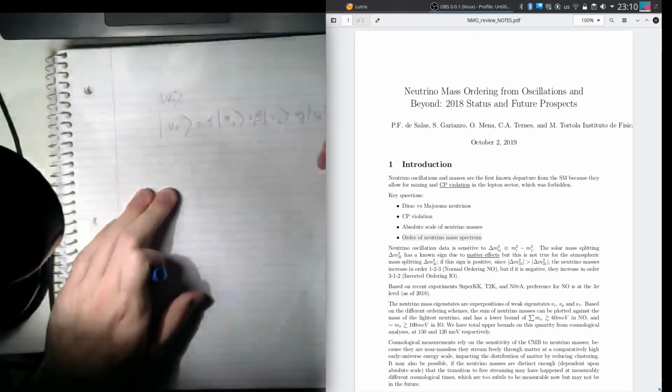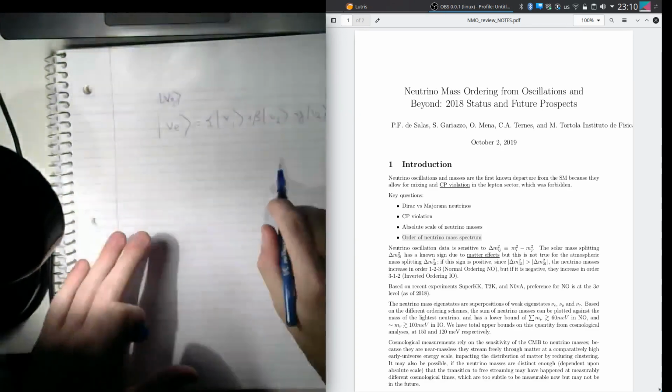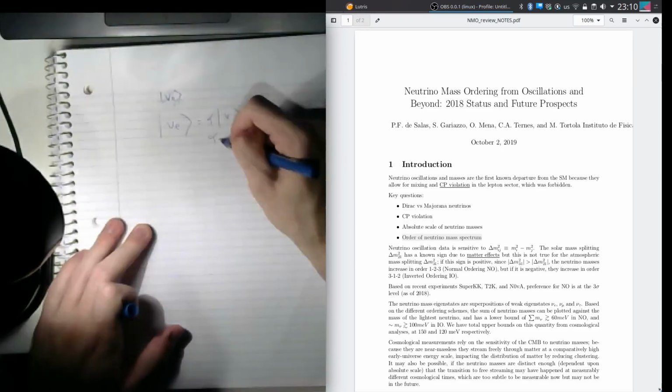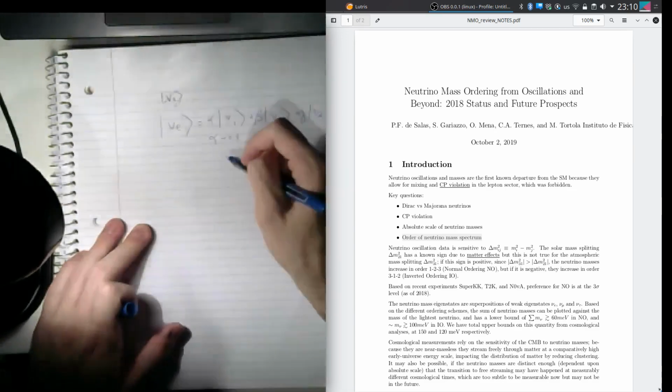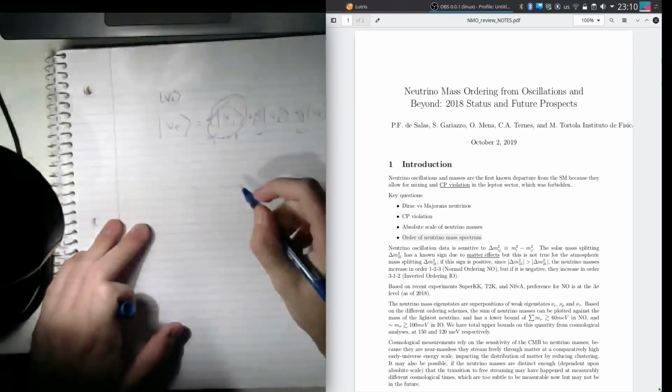Without knowing what these numbers are, except that alpha is bigger. We do have constraints on these numbers, but alpha is probably like 0.9 or something, because the electron neutrino is mostly the first mass state, and then these are smaller.